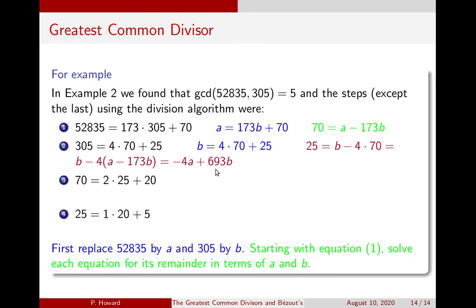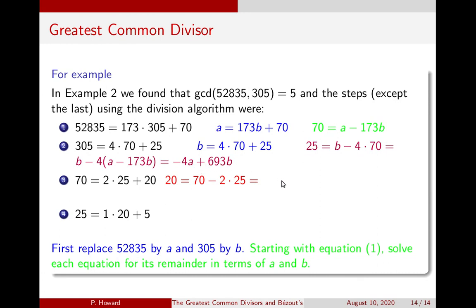Okay, on to the third equation. Here the remainder is 20. So we're solving for the remainder. Subtract 2 times 25 from both sides. And now from the result of equation 1, we have 70 in terms of a and b. And from the result of equation 2, we have 25 in terms of a and b. 25 is minus 4a plus 693b.